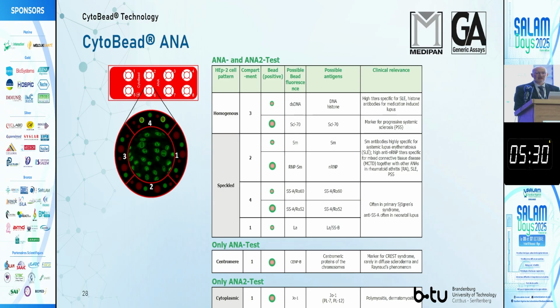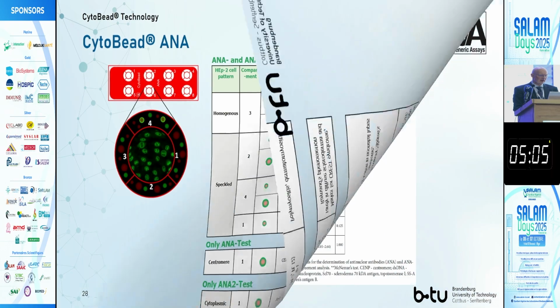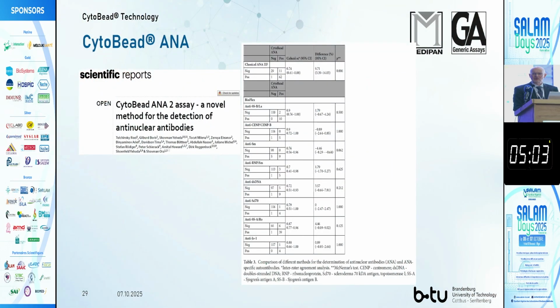In the middle compartment we have the HEp-2 cells immobilized, and on the peripheral compartments there are fluorescent microbeads which are coated with the different autoantigenic targets that we need to detect antibodies to dsDNA, SSA, SSB, centromere, and so forth. This is a very exciting technology.